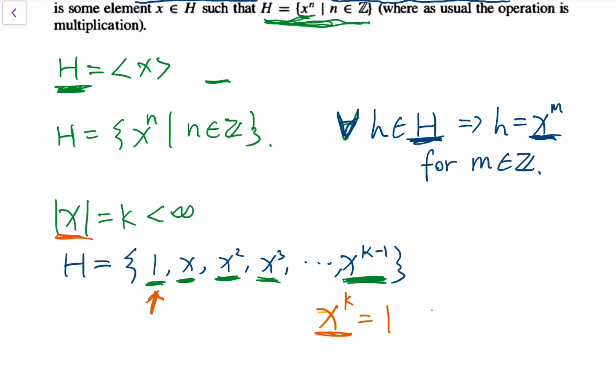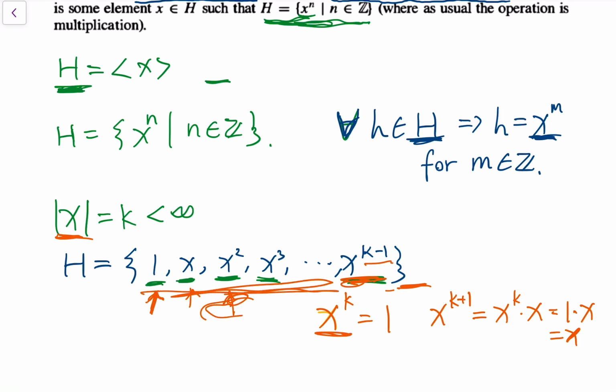And what about x to the k plus 1? x to the k plus 1 equals x to the k times x, which equals 1 times x, which is x, so it's this one. So for any element with higher power than k minus 1, it's just some element from before, so it just keeps repeating elements inside this set.